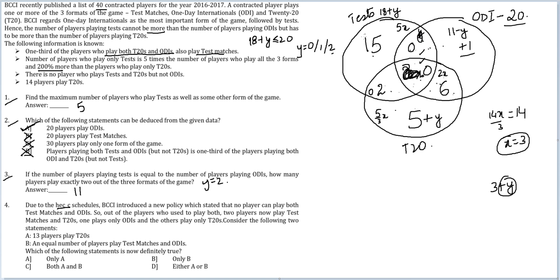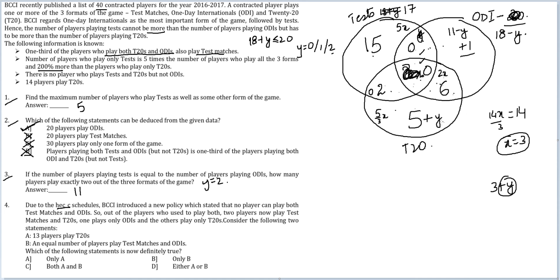Okay, let's see how many people play the different games now. How many people play tests? Test players would be 17. How many people play ODI? 11 plus 1, 12. 12 plus 6, 18. 18 minus y. So ODI players would be 18 minus y.